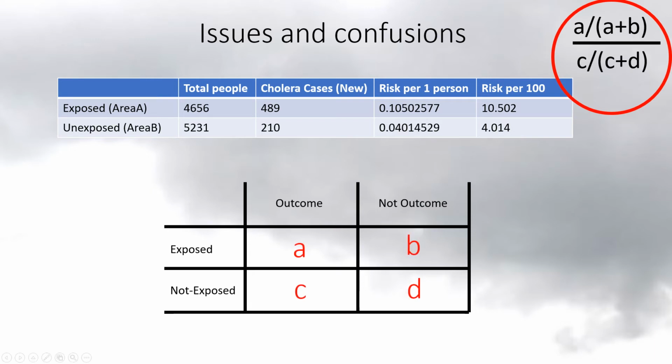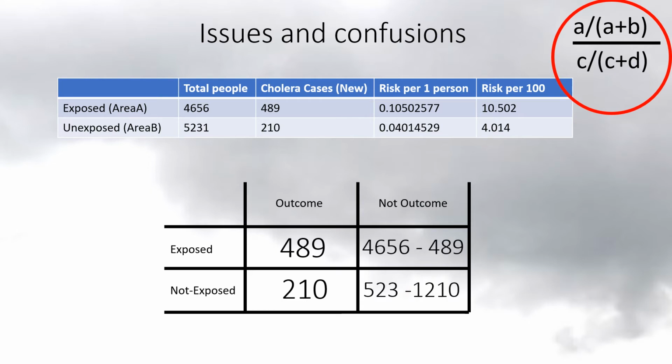So again, how do we calculate this with a normal table of normal data? Now, in simple terms, the cholera cases would just be the outcome, right? Exposed versus unexposed. That's easy to put in. Not outcome, well, also simple when you think about it. You just take away the numbers, and you get these numbers.